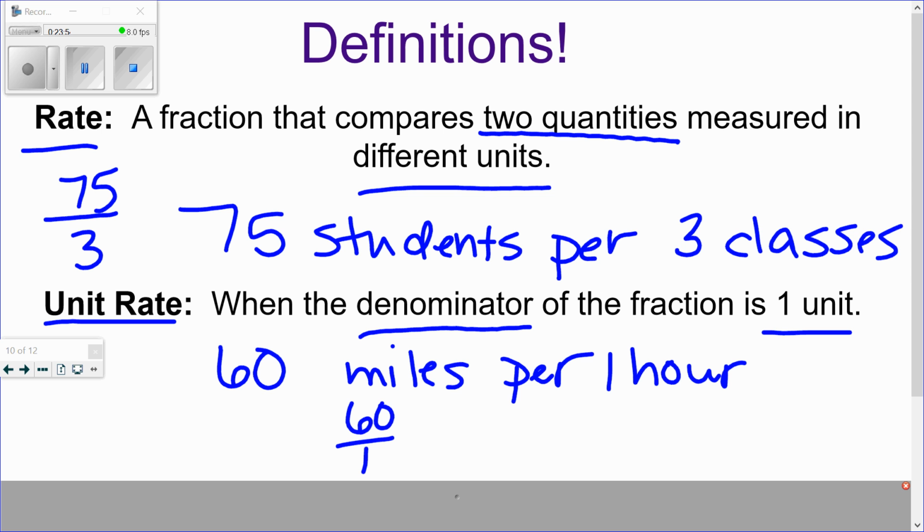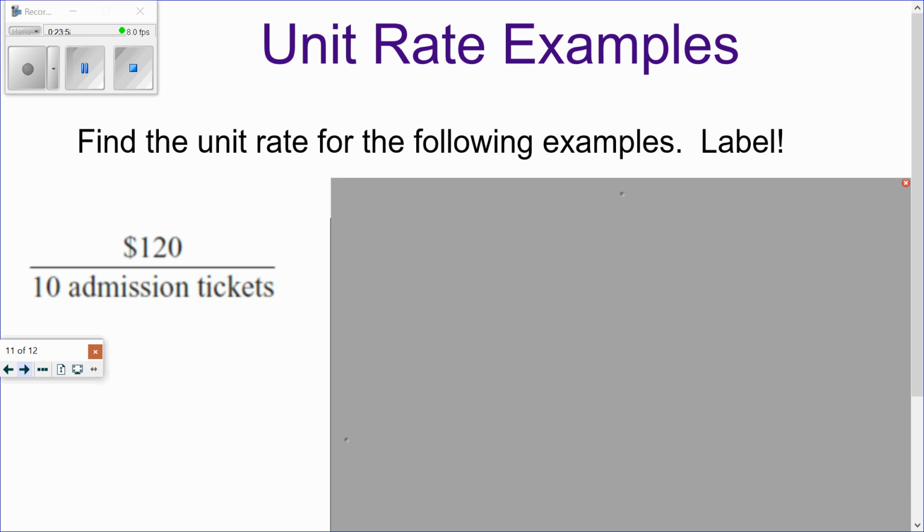Okay. So, last examples. Here are a couple rates. We'll start with this one. I want to convert to a unit rate, and it's important here that you label them so I know what things represent. So here I have $120 for 10 admission tickets. I want to convert it to a unit rate.